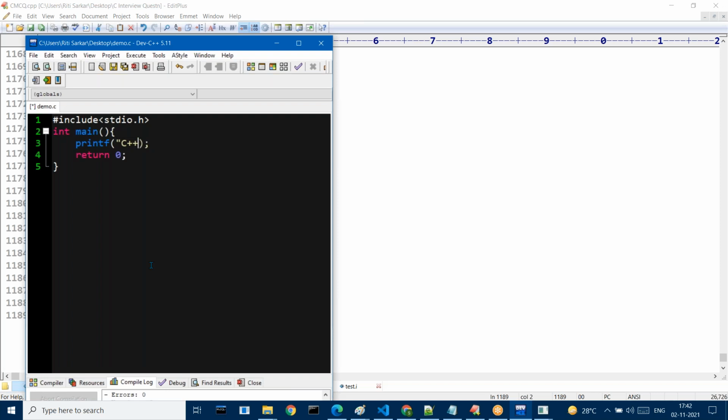Printf %d, 1 left shift 2 plus 3 left shift 4. What is the answer?